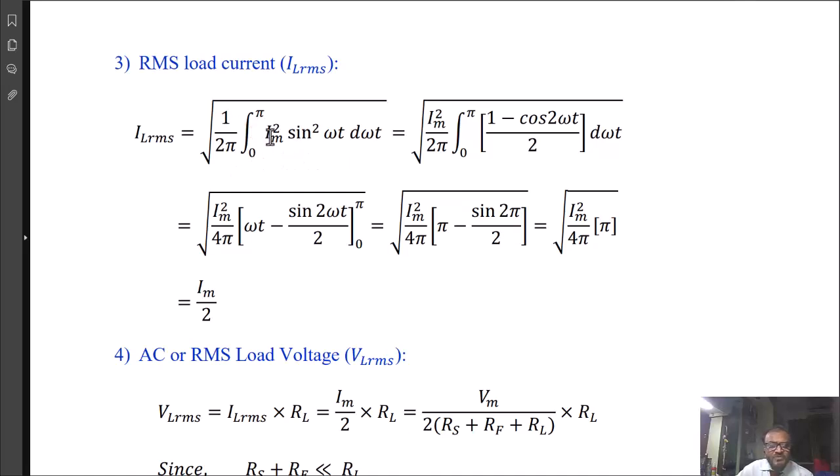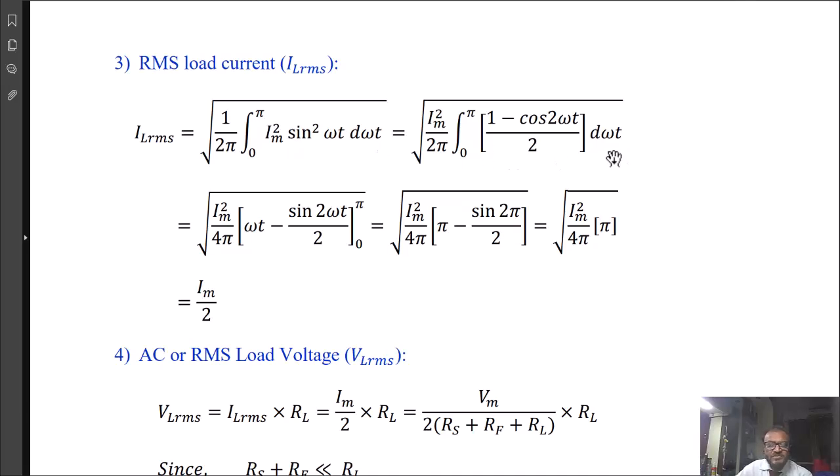The average value of this current signal is 1 by 2 pi integral 0 to pi Im square sine square omega t d omega t, and therefore the RMS value will be under the radical sign 1 by 2 pi integral 0 to pi Im square sine square omega t by definition.